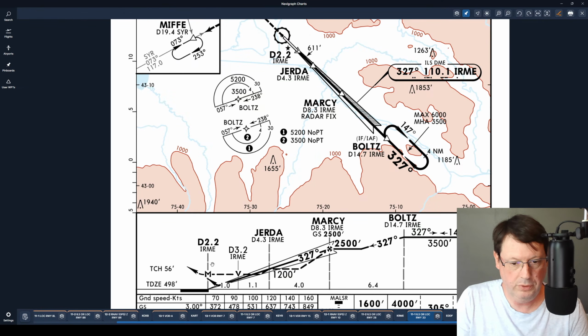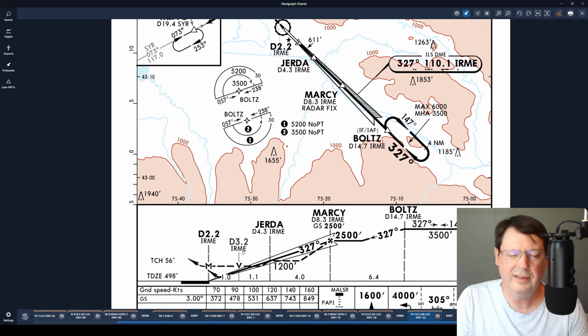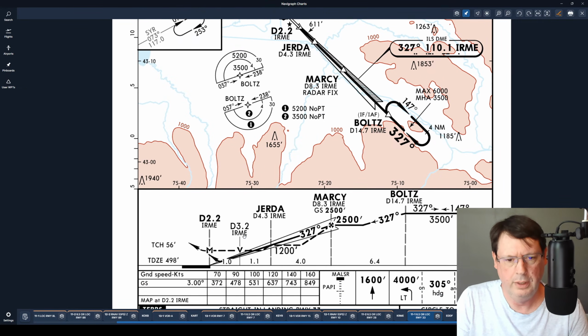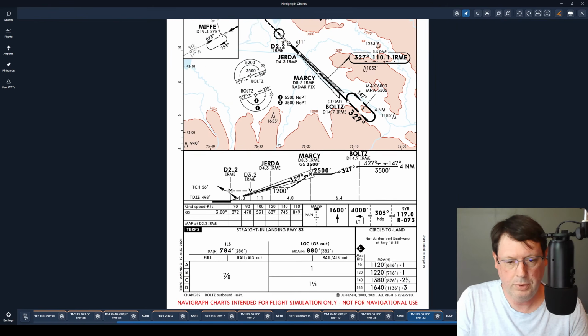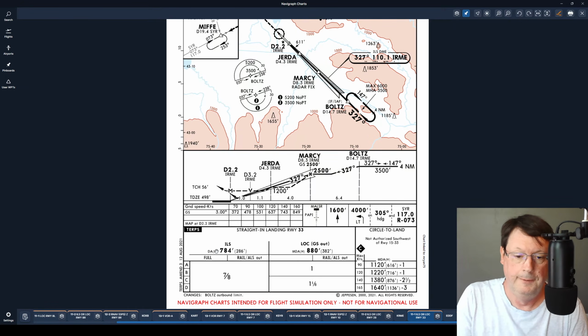This D3.2 IRME is for the localizer approach, and, well, it's actually not only for the localizer approach, but the missed approach point on the ILS approach is a decision altitude. In this case, it's the altitude, not the distance, that determines the glide slope intercept.